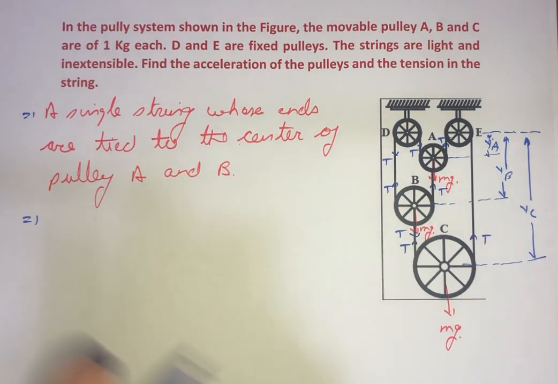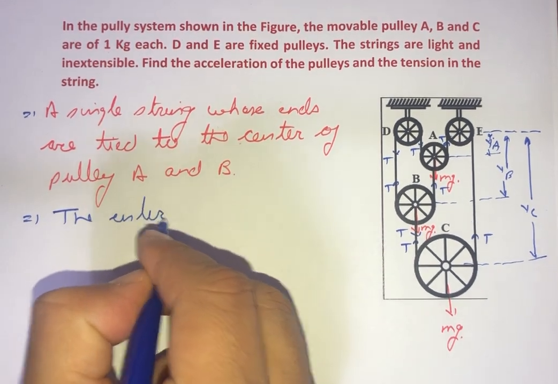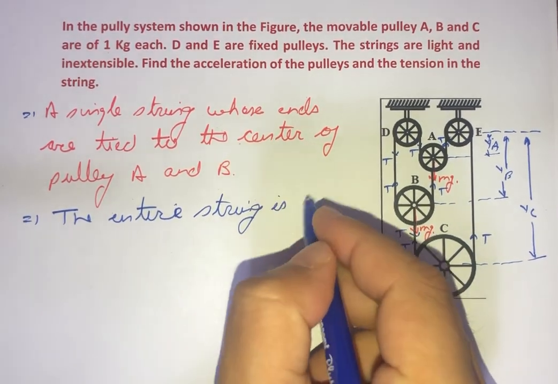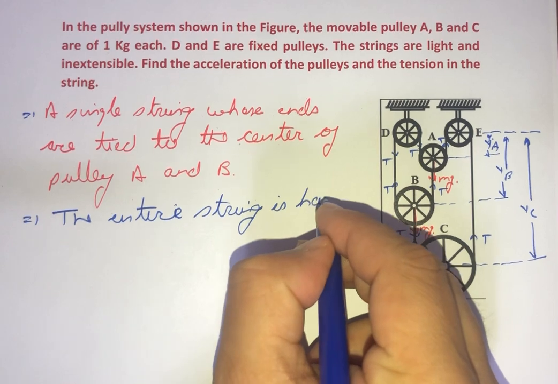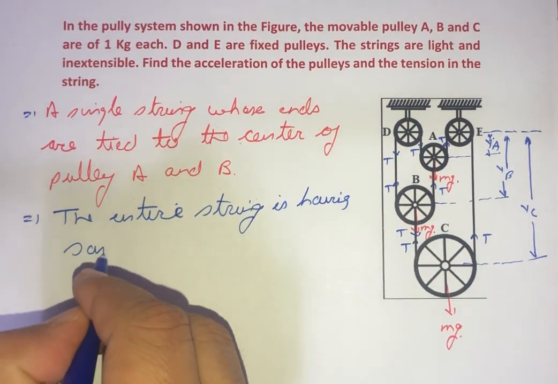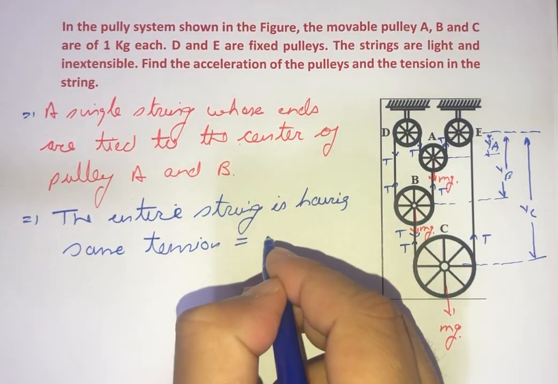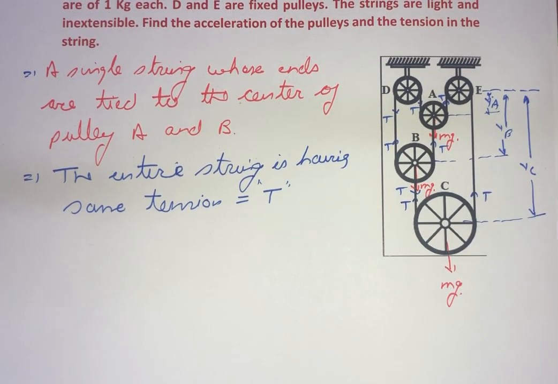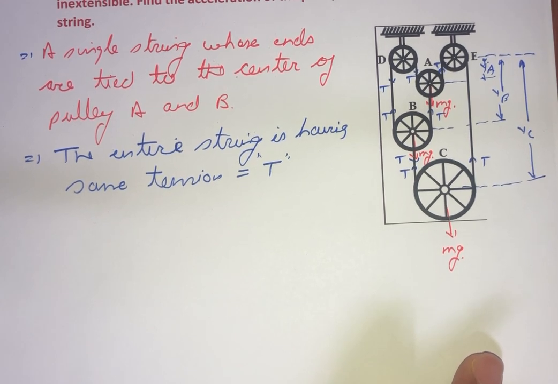Second, the entire string is having the same tension, which is equal to T, and it is also given that the weight of each pulley is 1 kg.